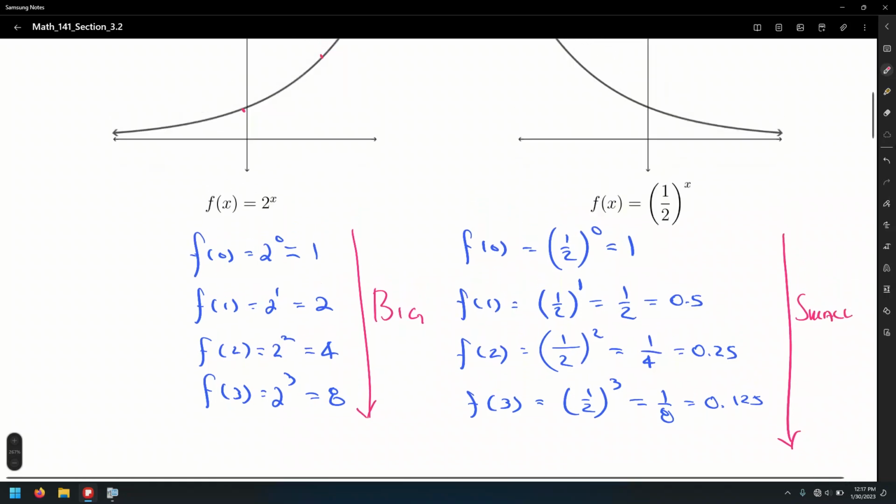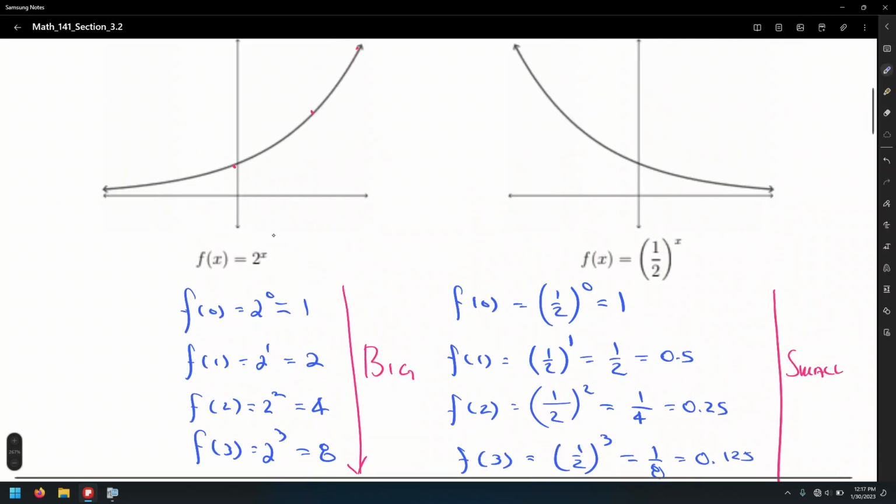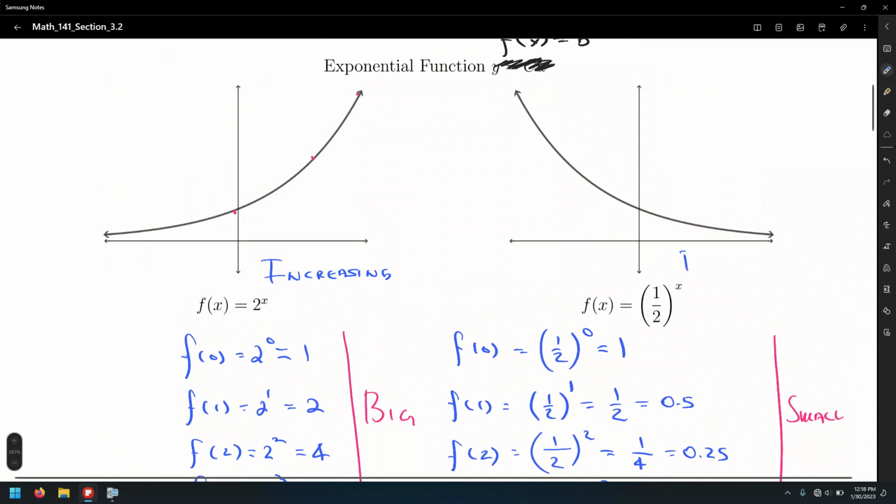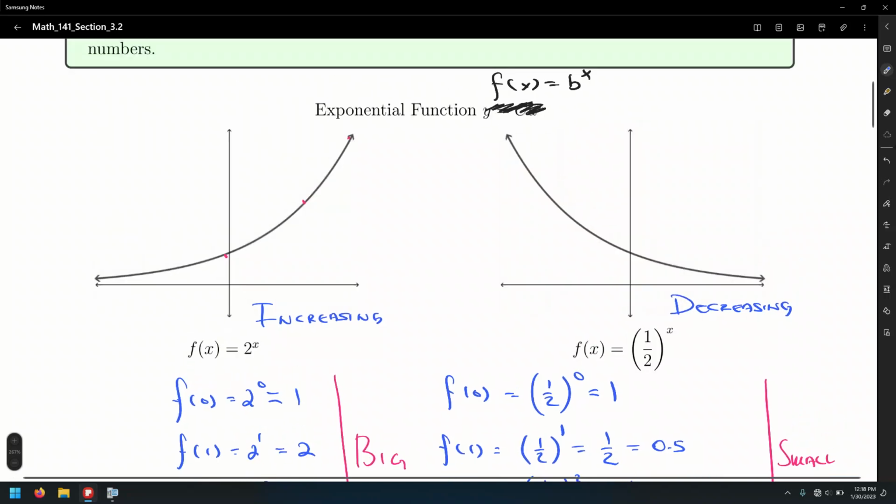The formal vocabulary is that this function is increasing, whereas the second case is that of a decreasing function. They get smaller, so we use the vocabulary.